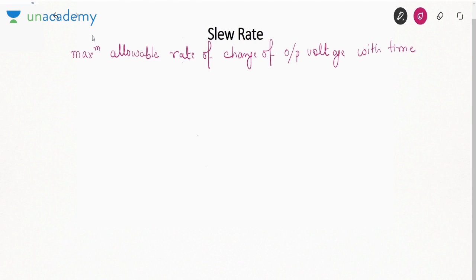When we are constructing Opamp using BJT, we know there will be certain capacitances involved. They will take certain time to charge and discharge. If your output voltage is varying at a very fast rate, then the capacitance might not be able to charge and discharge properly. So we have to fix a maximum rate at which the output voltage can change.